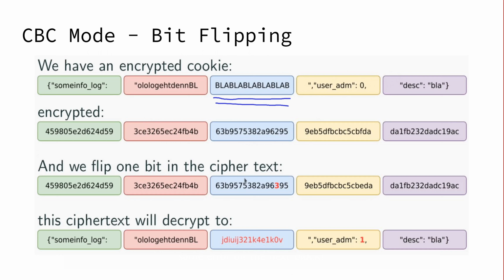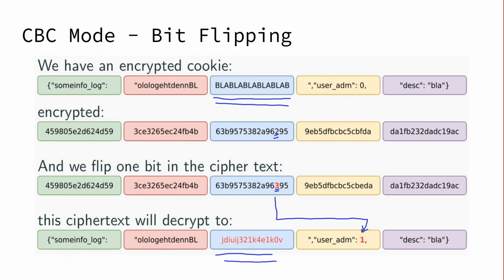And what we can do now is we flip a single bit in this block's encryption, and now if this block is decrypted, it will lead to complete gibberish in the block. So this information in the log, which doesn't concern you, is gibberish, but the error actually propagates and flips the bit in the plaintext here.